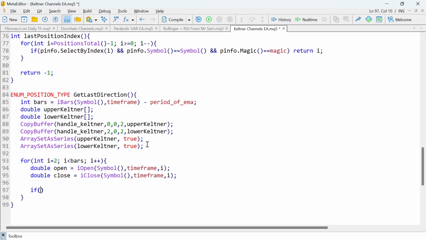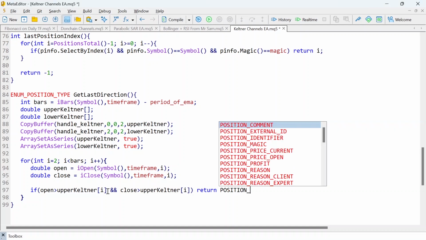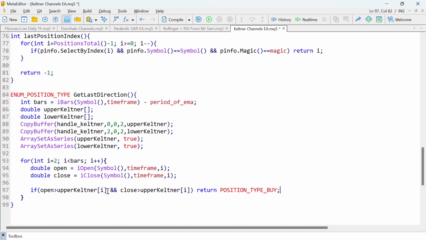So if this candle opens above the upper Keltner line, and closes above this upper Keltner line, it is going to return position type of buy, right?